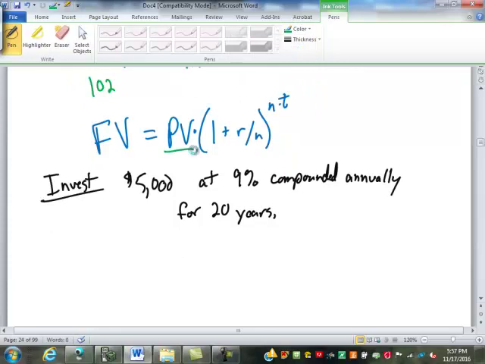What is my present value? In this problem? $5,000. That's how much I have right now.